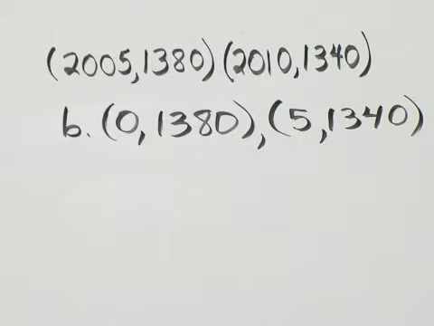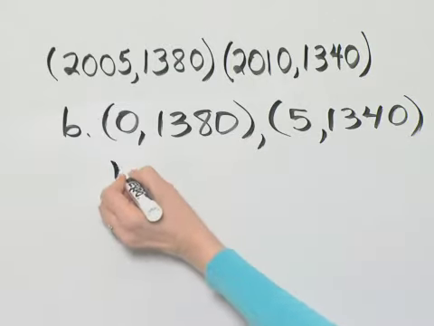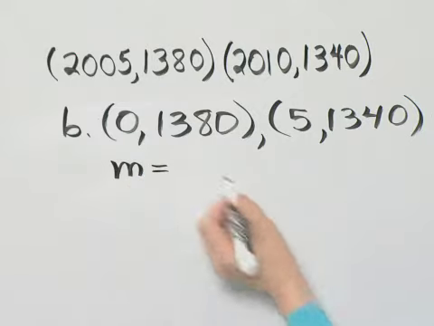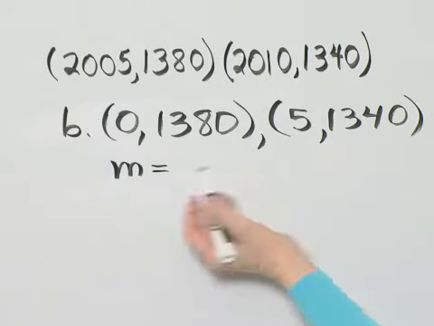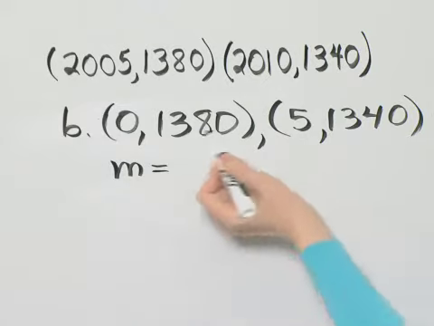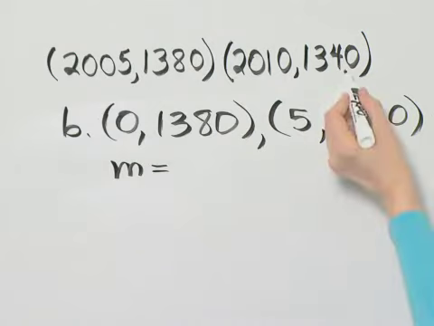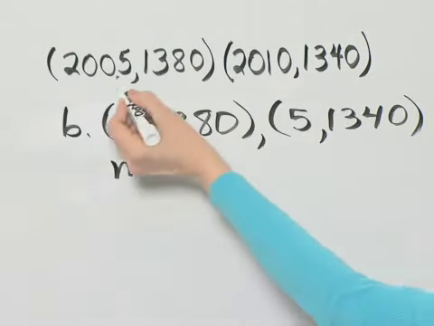So that's part B. Part C, let's use the two ordered pairs from part B to write a linear equation. We want the equation in slope-intercept form. Now, one way or another, we've got to find the slope. We did find it in part A, but just in case you're unsure, let's find the slope again. y minus y over x minus x.